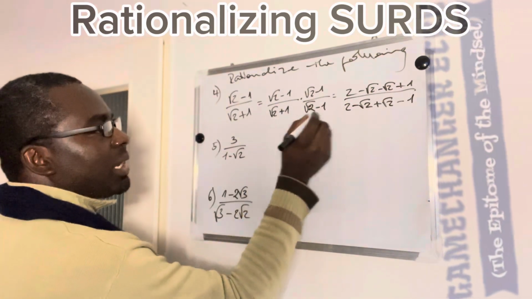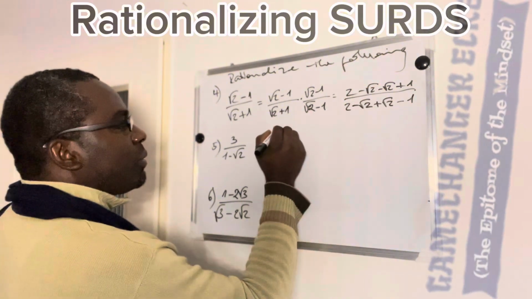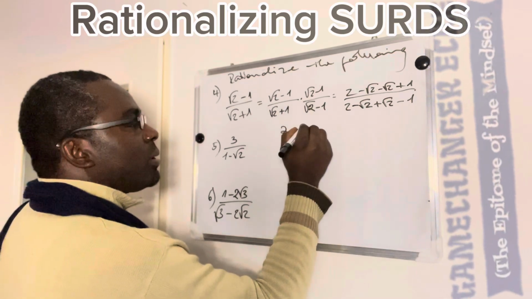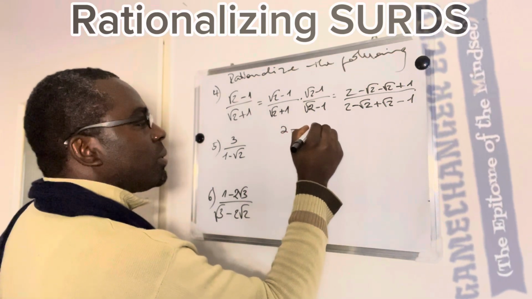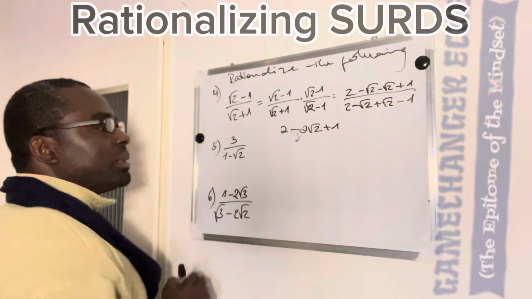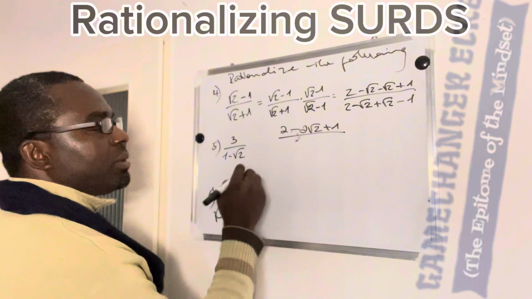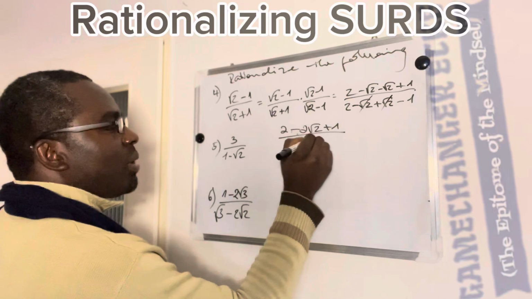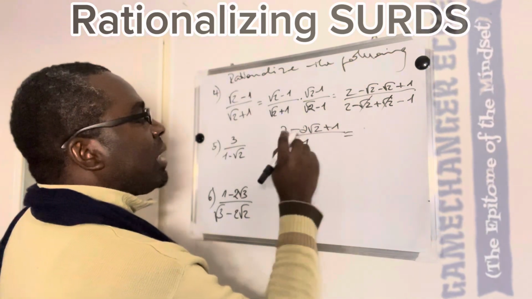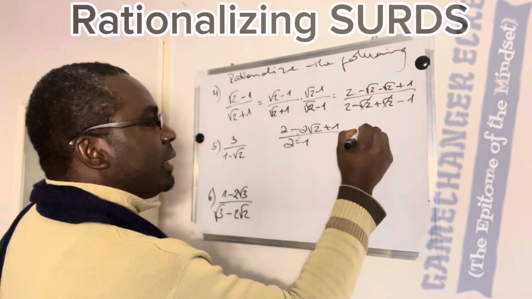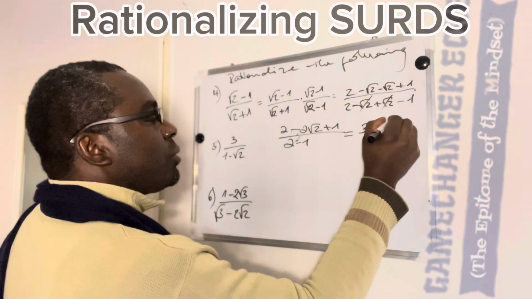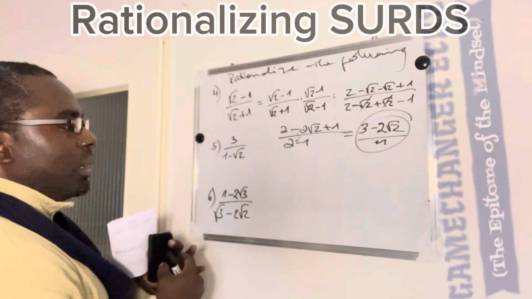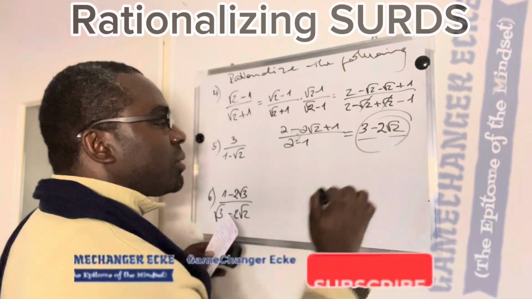So in this case, we see that 2 minus 2 root 2 plus 1, over 2 minus 1, because these cancel. So our answer here will now be 2 plus 1, which is 3, minus 2 root 2, divided by 1. And we know that 2 minus 1 is 1. So this is our answer.